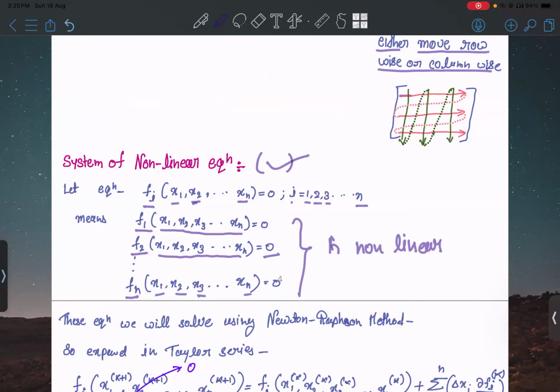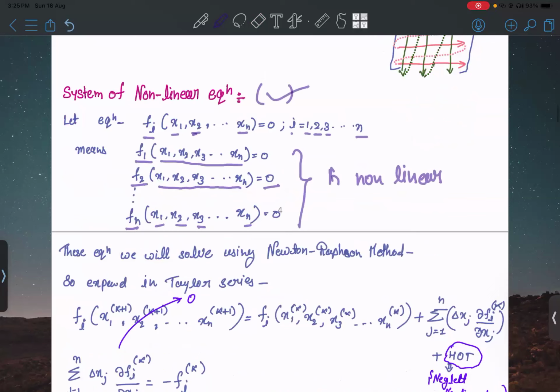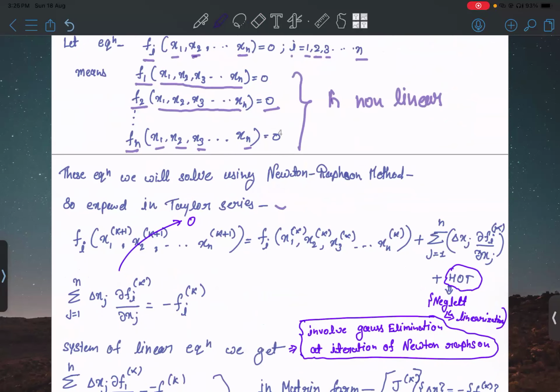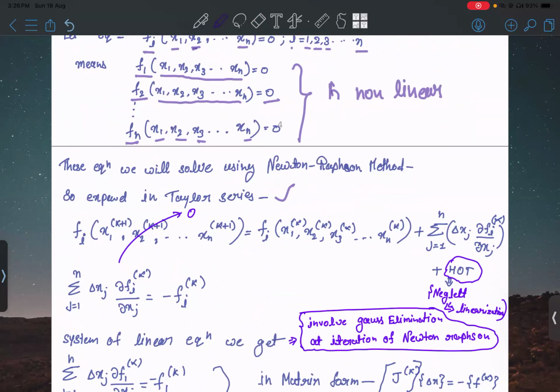Similarly, we have seen the Taylor series representation of the Newton-Raphson method, where we linearized the Taylor series to get the Newton-Raphson formula. So similarly, we will use the Taylor series expansion here also to express the system of equations, and we will solve using the Newton-Raphson method.